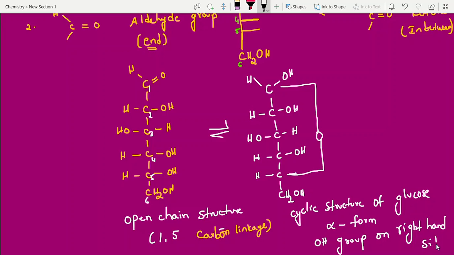Look into the first carbon, students: the OH group on the right-hand side, we call it the alpha form. The same OH group on the opposite side, on the left-hand side, is beta. That's it. Try to write the structure, students: OH group, and this is hydrogen, and the rest is all the same as it is.